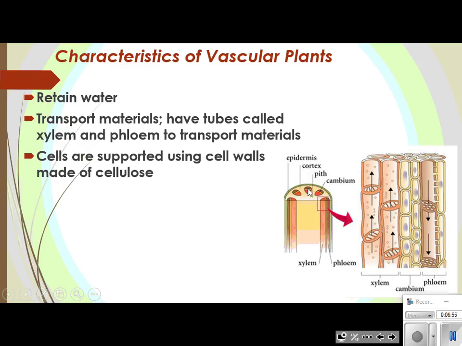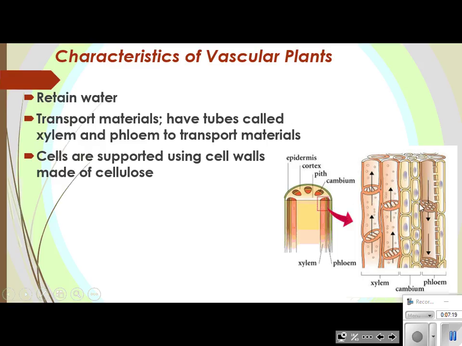So this kind of looks like an acorn right here, doesn't it? This orange part is xylem. The line in the middle is the cambium. The brown part is the phloem. Now, we've taken this and blown it up here.